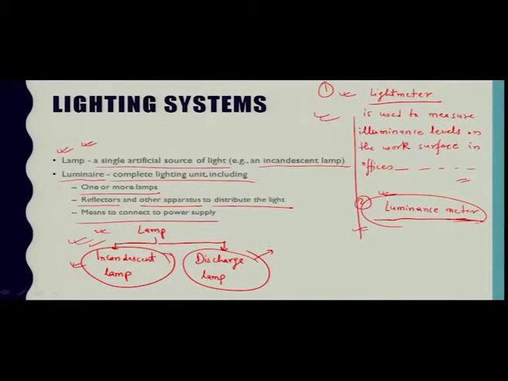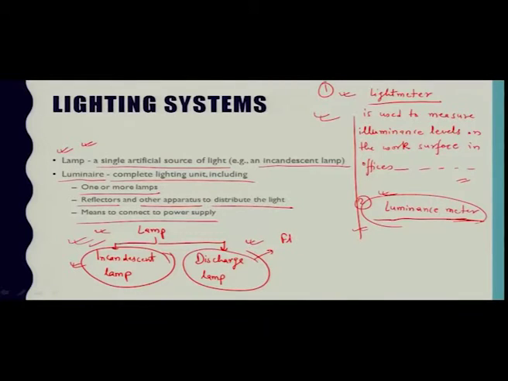The discharge lamp produces light by means of an electric discharge in gas. Discharge lamps are generally more complicated because they require special controls to provide the conditions under which discharge is initiated and sustained.